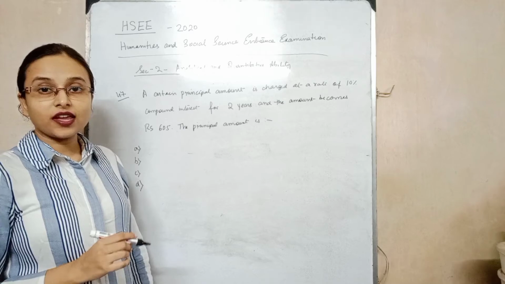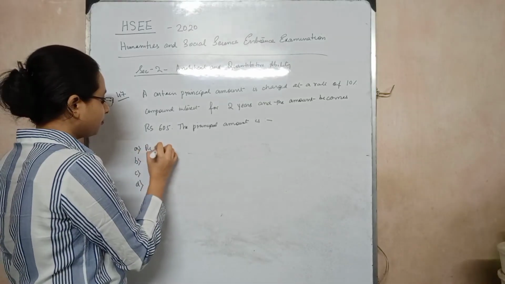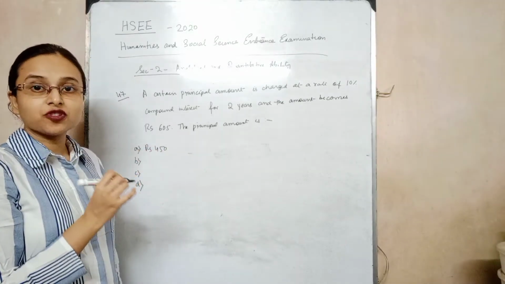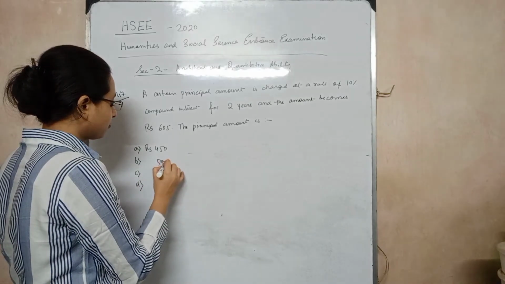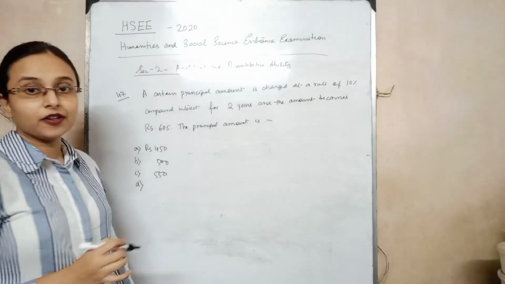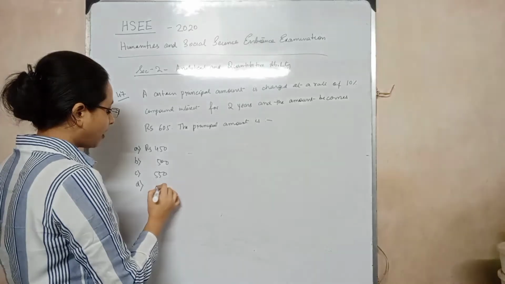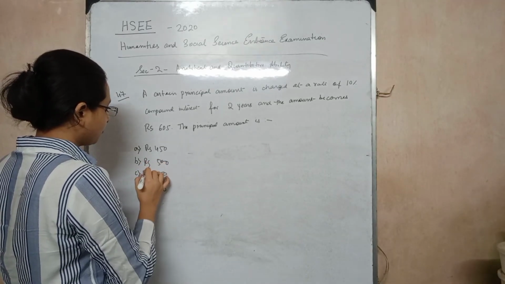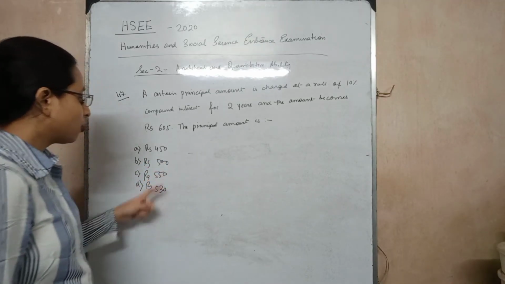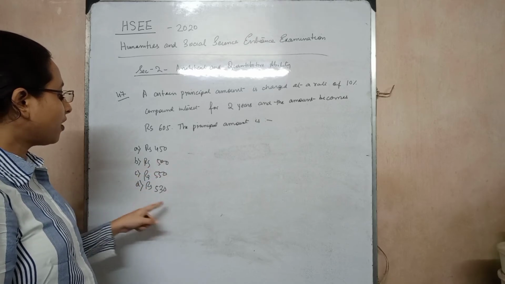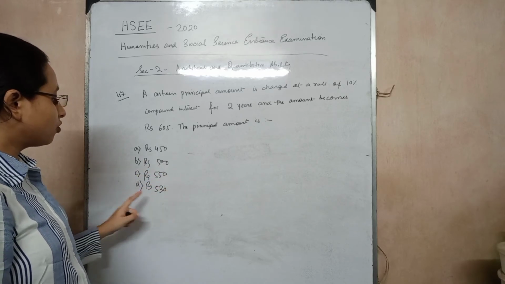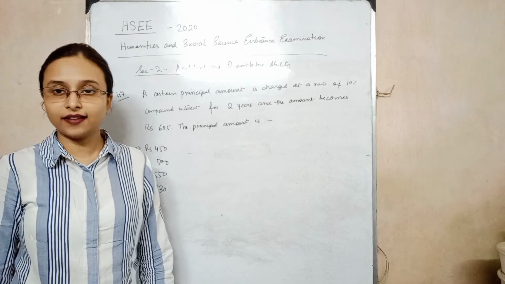So the first option A is rupees 450. Second option 500. Third option 550. And last option is 530, all rupees. Which is the correct answer?